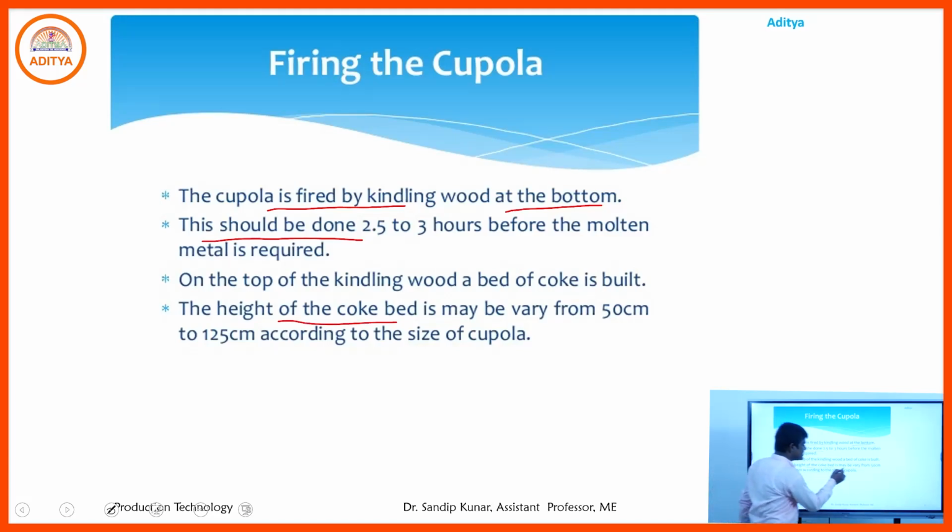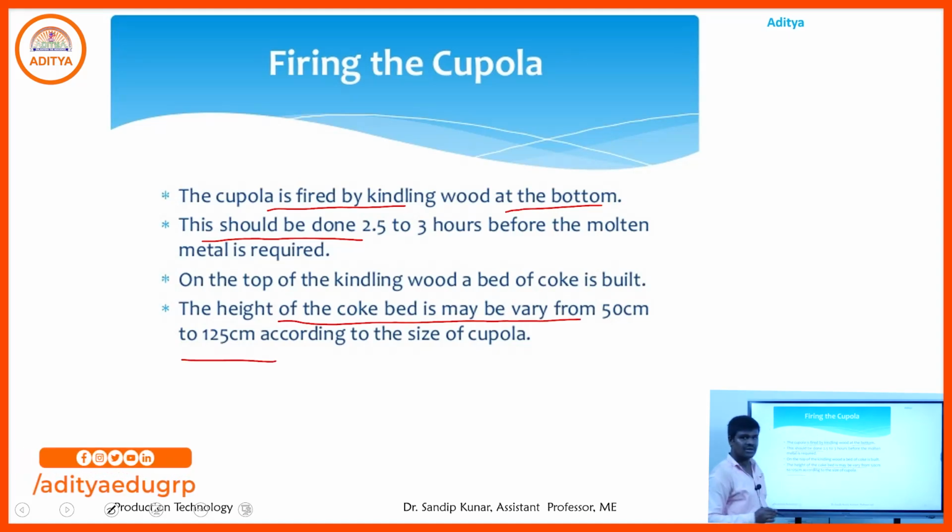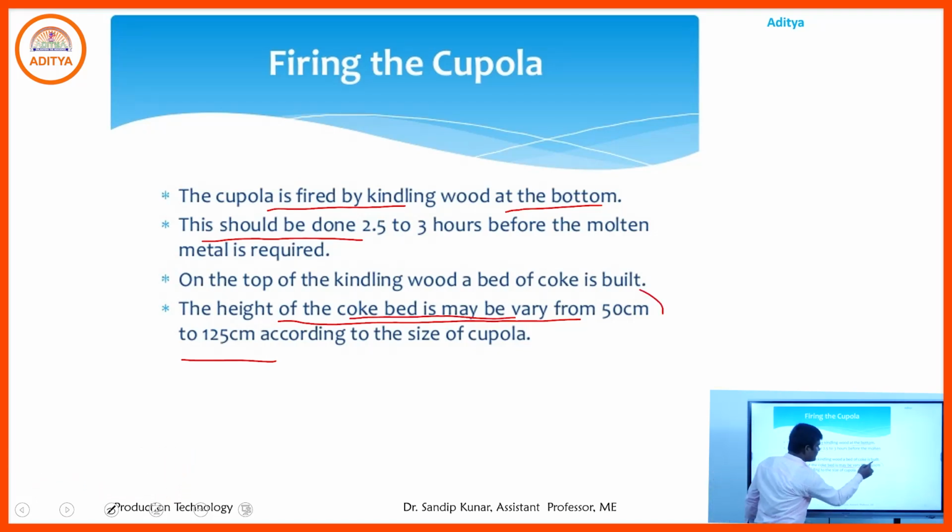The height of the coke bed varies from 50 centimeters to 125 centimeters, depending on the size of the cupola. If the cupola is larger, the coke bed is also higher, toward 125 centimeters.